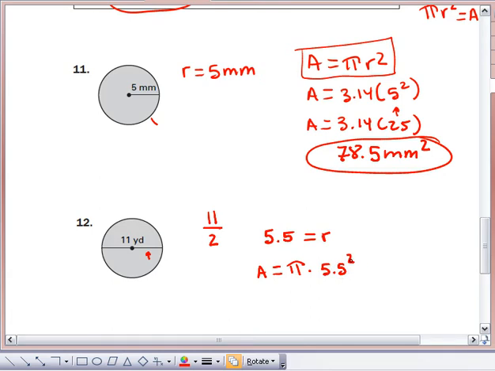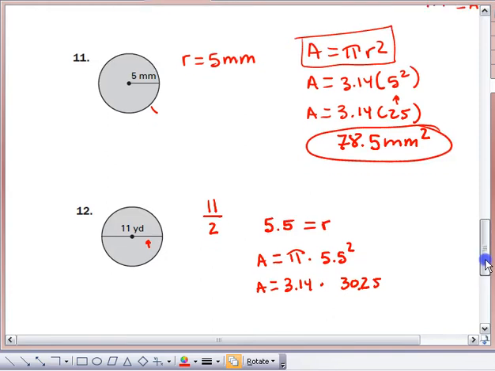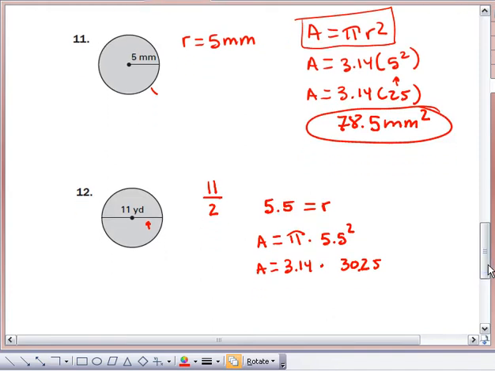Well, if we square 5.5, we get area equals, and I'm going to convert pi to 3.14, times 30.25. That's 5.5 squared. Now if I multiply these two by each other, I get 94.985, and it was in yards, so it's yards squared.